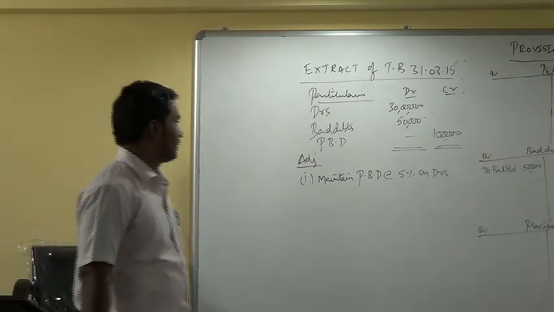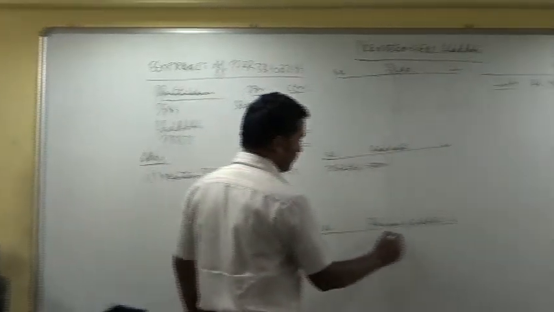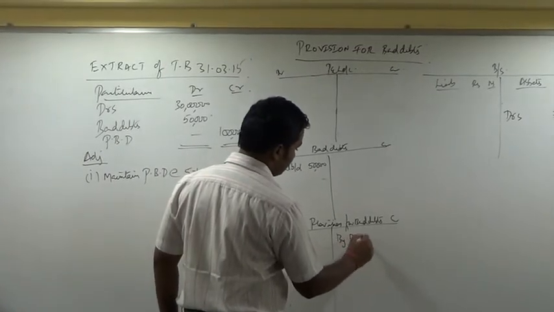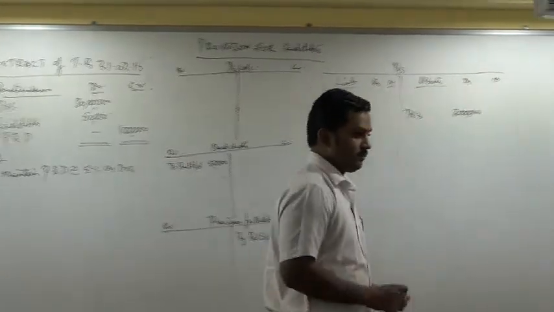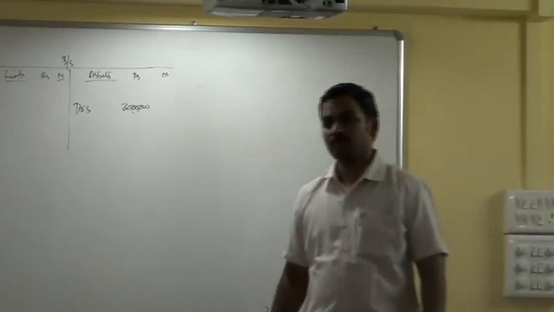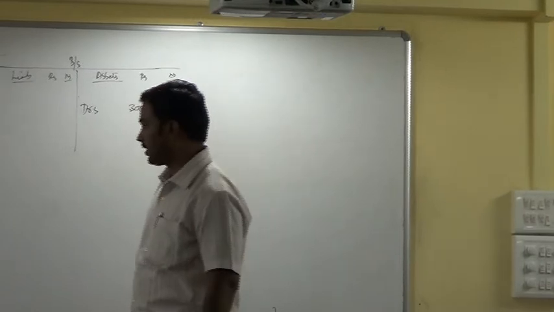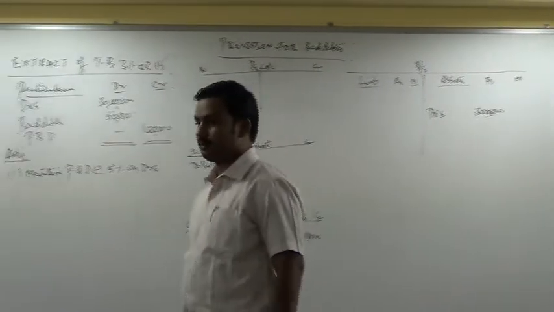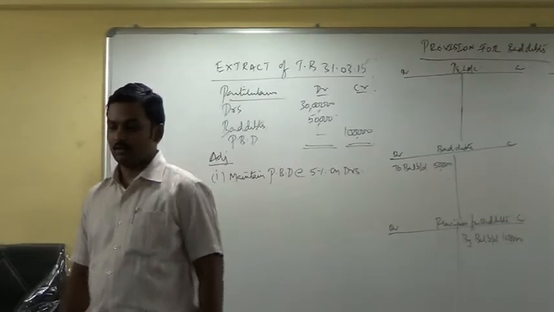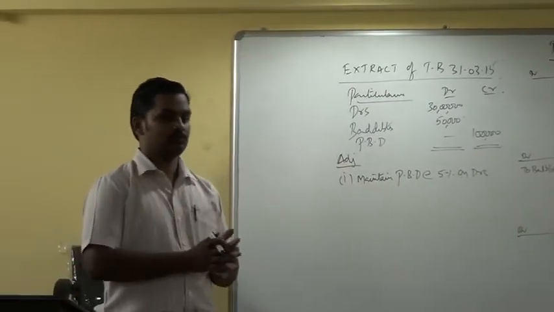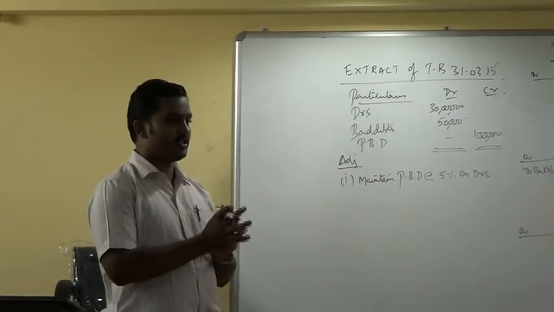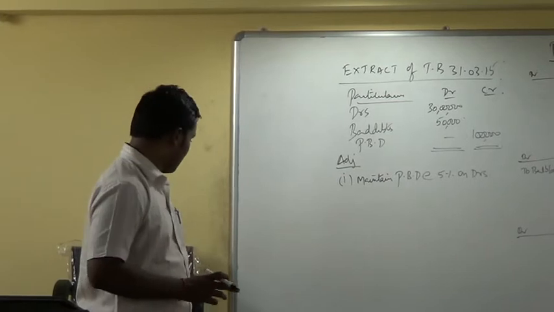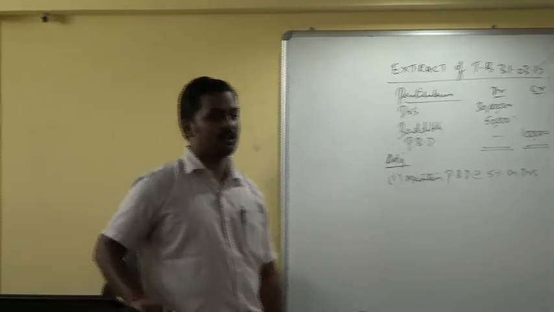Provision for bad debts, credit balance 1 lakh, by balance brought down 1 lakh. Next, maintain provision for bad debts at the rate of 5% on debtors. How are you going to maintain provision for bad debts at 5% on debtors?